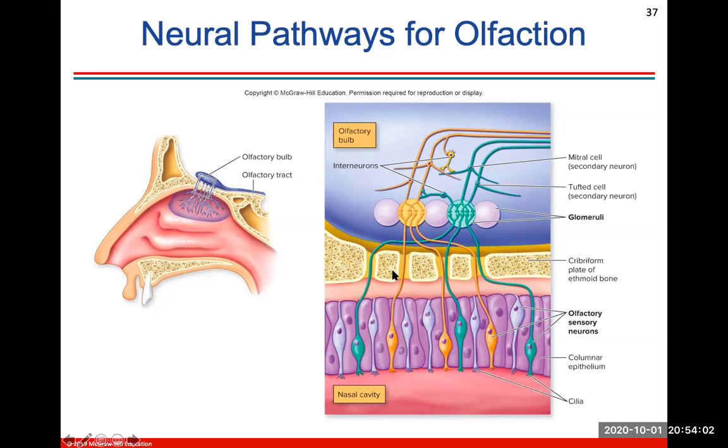And if you remember from anatomy, here's your cribriform plate of your ethmoid bone, and it has tiny holes through it that these olfactory sensory neurons will travel through. And the ends of them have little cilia on them, and they will detect any sort of chemicals or things you breathe in, and the cilia will absorb them and get sent up through this pathway system to the brain.